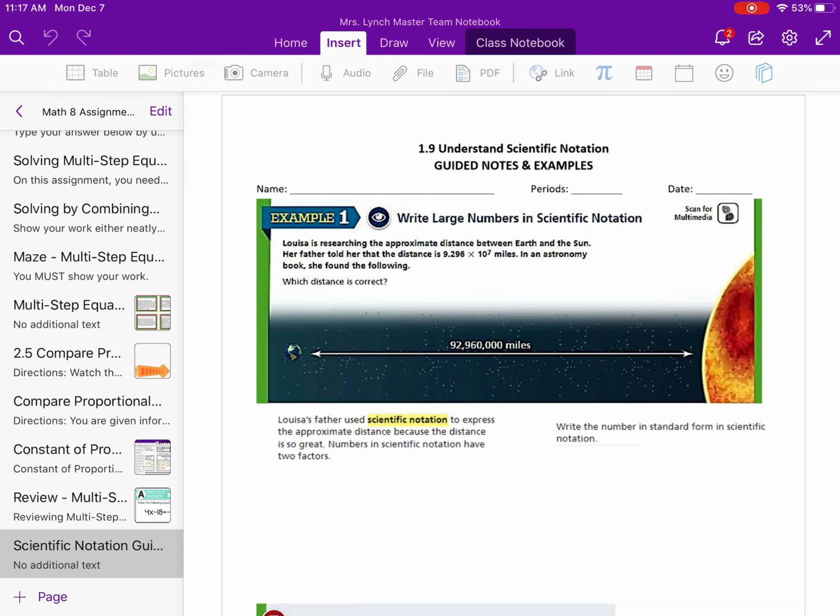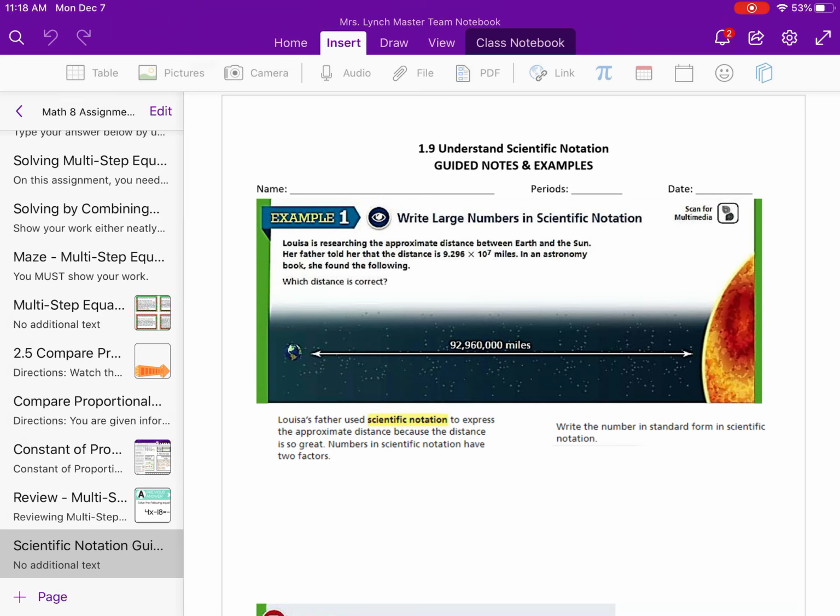Not that this is something you would necessarily use as an 8th grader, but a lot of scientists, a lot of people in the medical field, a lot of people dealing with these large or small numbers, find this a very simple concept to make sure they are accurate with their numbers. So that's why we use scientific notation, just to give a shortened version of the exact number.